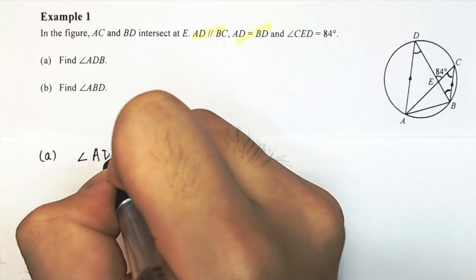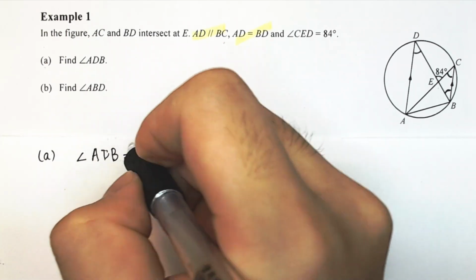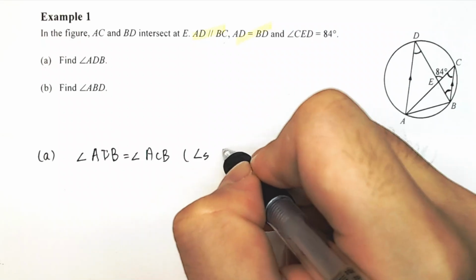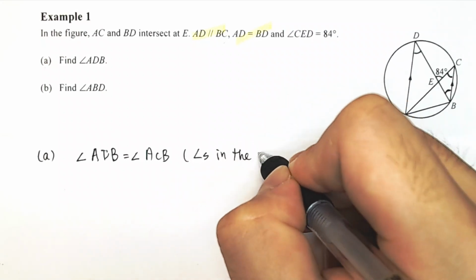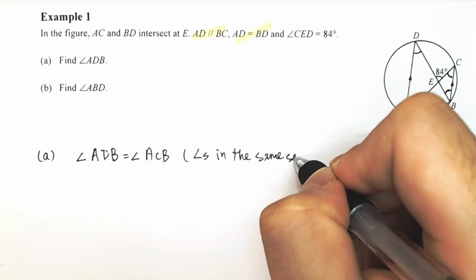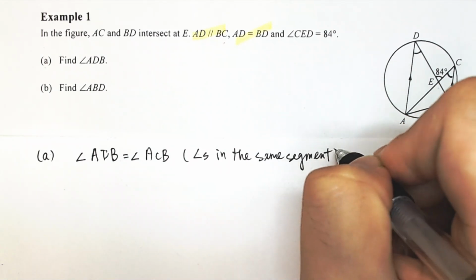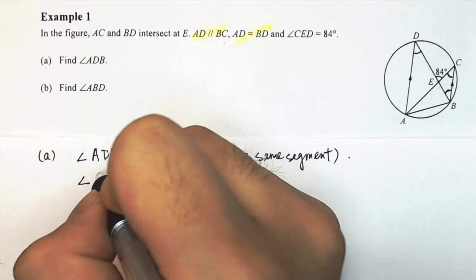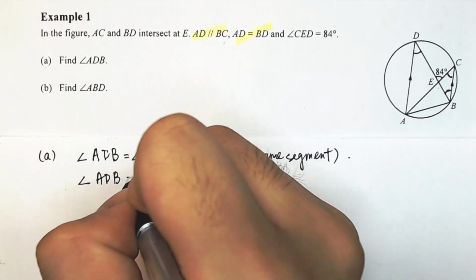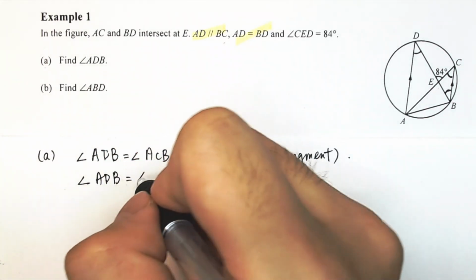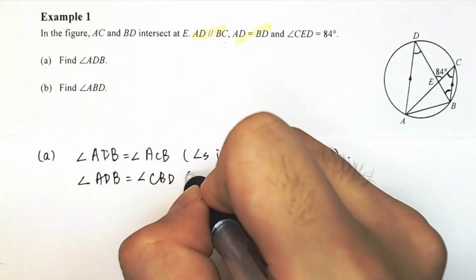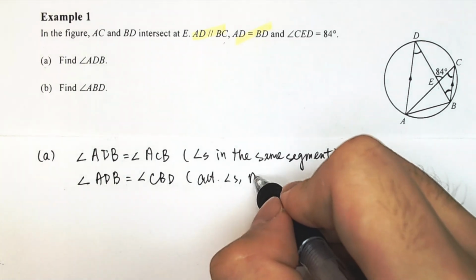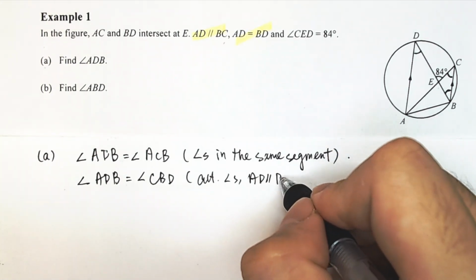Number 1, angle ADB is equal to angle ACB, angles in the same segment. Number 2, angle ADB is equal to angle CBD, alternate angles, AD parallel to BC.